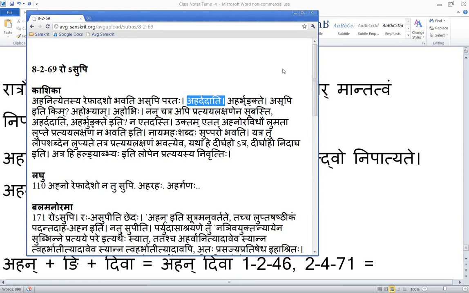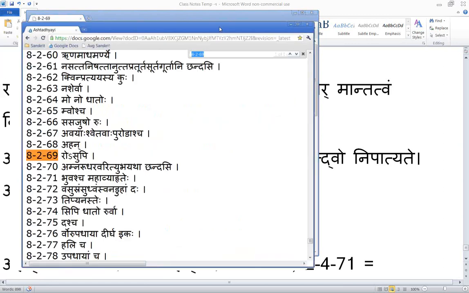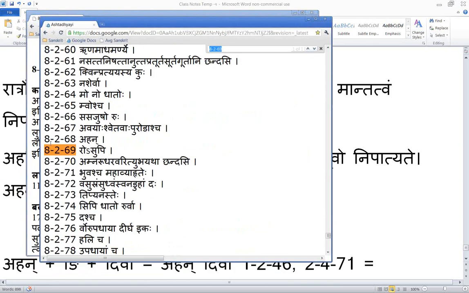So 8.2.69 is prescribing a repha adesha, 8.2.68 prescribes a ru adesha. And 8.2.69 can only be used after doing supluk.